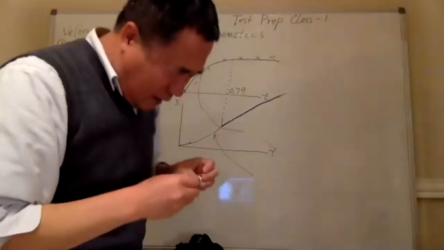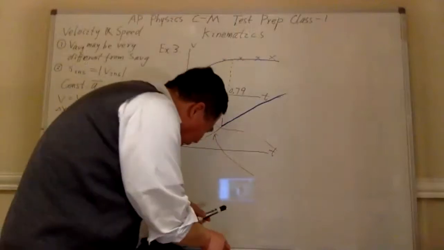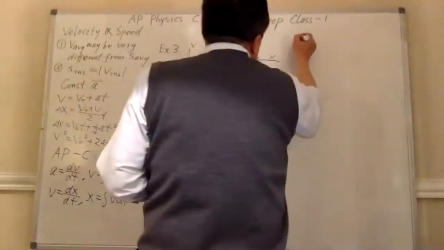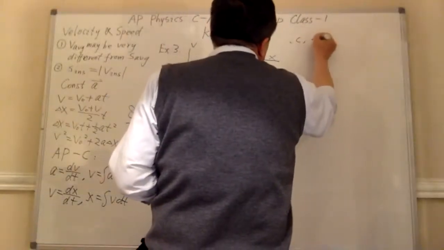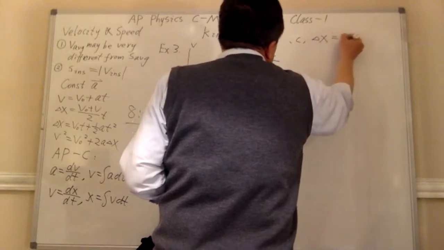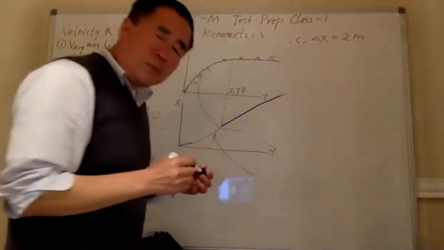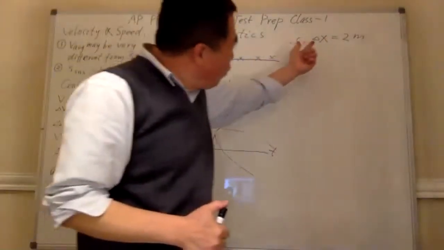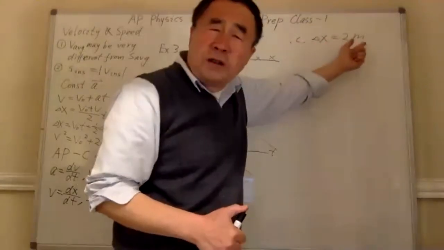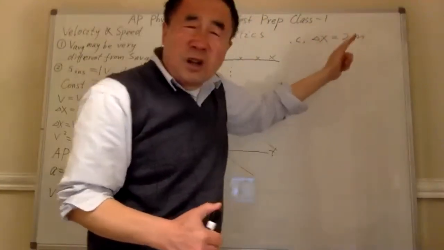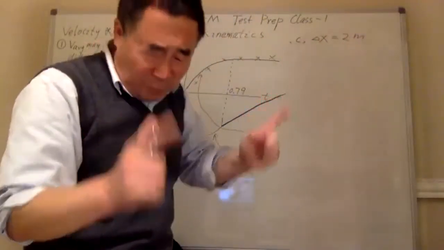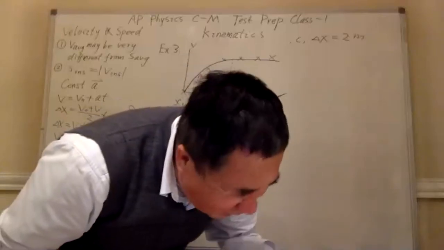This is question C. It happens at the far right, which means delta x moves to 2 meters. You need to know when delta x reaches 2 meters. This delta x really splits into two parts.